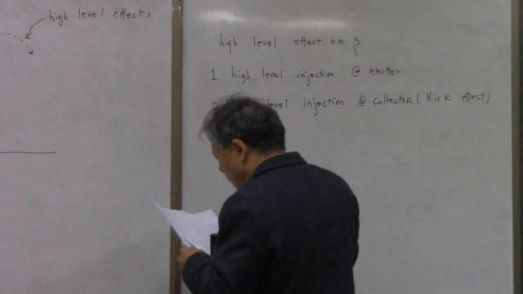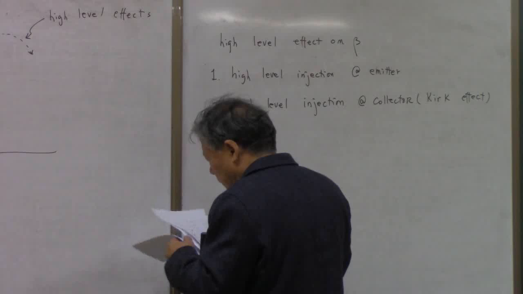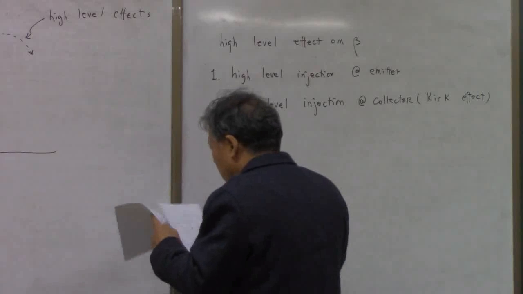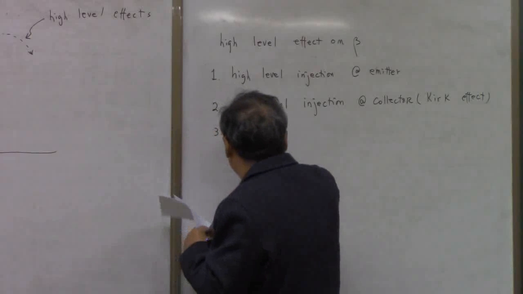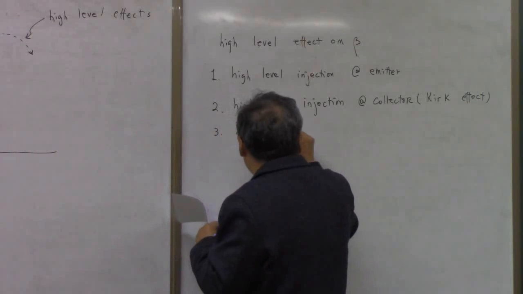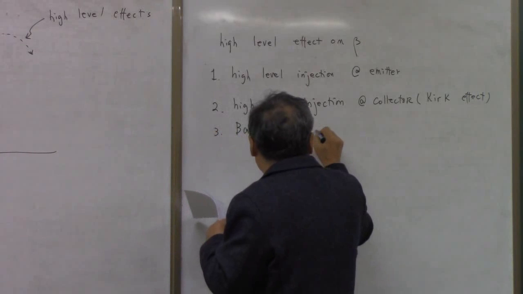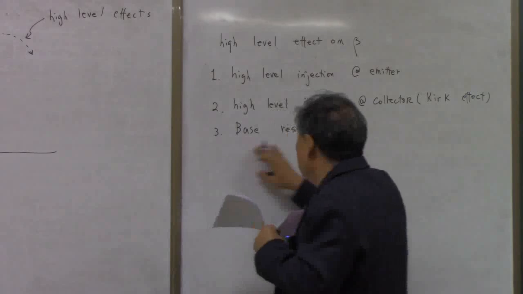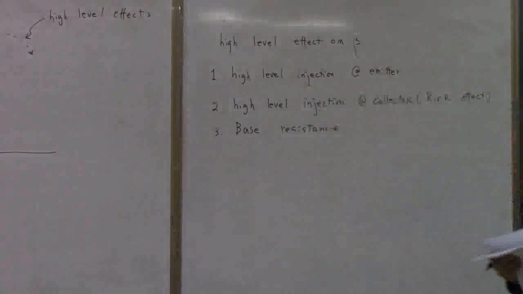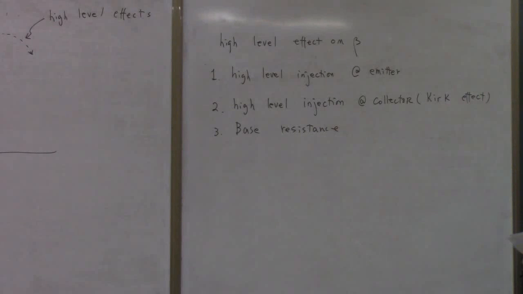And number 3 is going to be the base resistance. Obviously, the base resistance has a great influence on the device characteristics, especially when the current level is high, right?